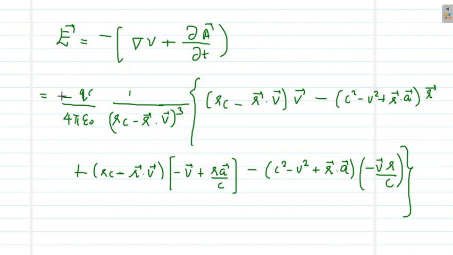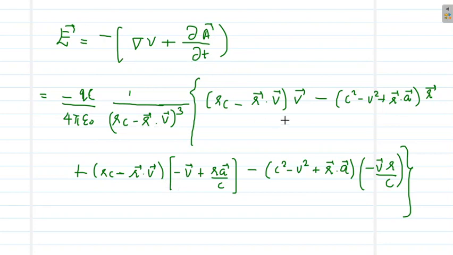Now we have a negative sign outside this bracket. We will have to take that negative sign to the inside and we can see certain terms will cancel out. Here we have rc minus r bar dot v bar into v bar, and here as the first term we have minus of rc minus r bar dot v bar into v bar.